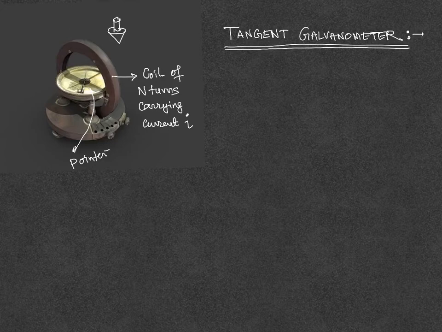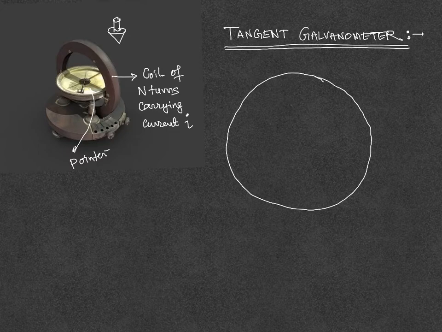Now I'll go to the top view. This is the top view. Now suppose I am viewing the coil like this. See, this is the coil. The coil is along this plane, right? I am viewing from here and I see the coil in this vertical plane.